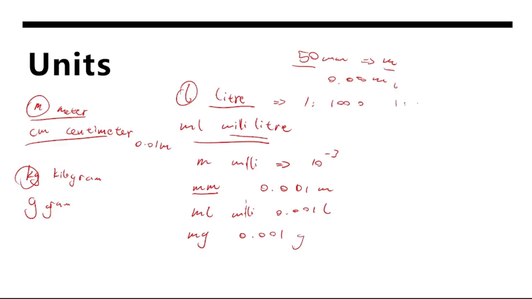And 1 liter is also 1 decimeter cube. Decimeter is 10 centimeter, or 0.1 meter. And 1 milliliter equals 1 centimeter cube, because 1 decimeter cube is 1,000 centimeter cube.